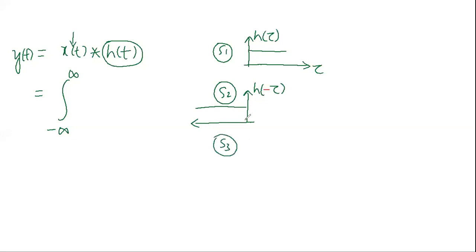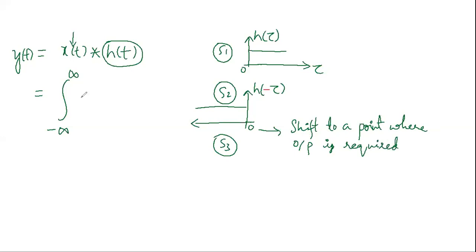Step number three is to shift this signal. Right now, this signal is, let's say, starting at some reference point 0. Now we'll shift this 0 to a point where the output is required.